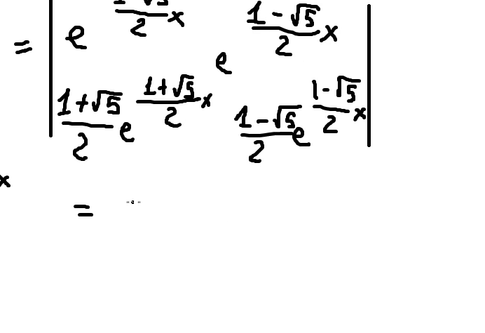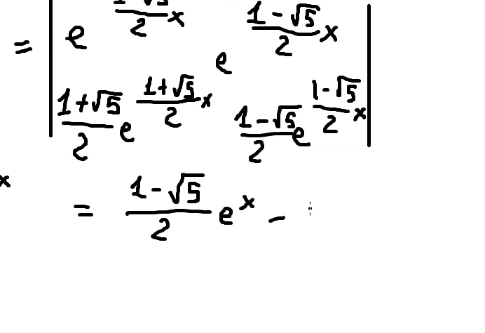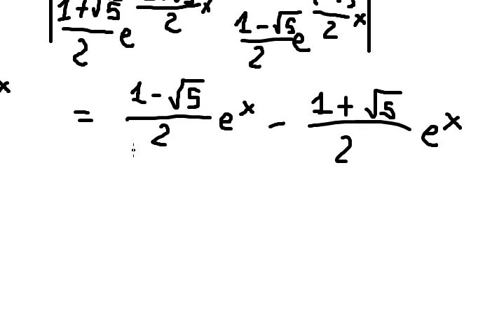When we simplify, we got 1 minus the square root of 5 over 2 e to the power of s minus this one. Now we simplify. We have negative the square root of 5 e to the power of s.